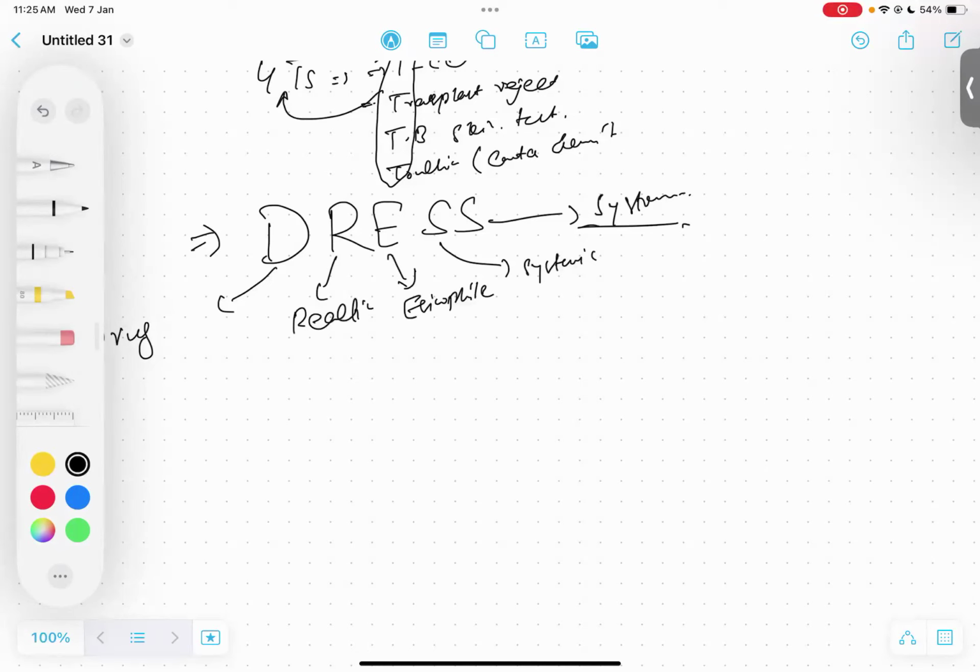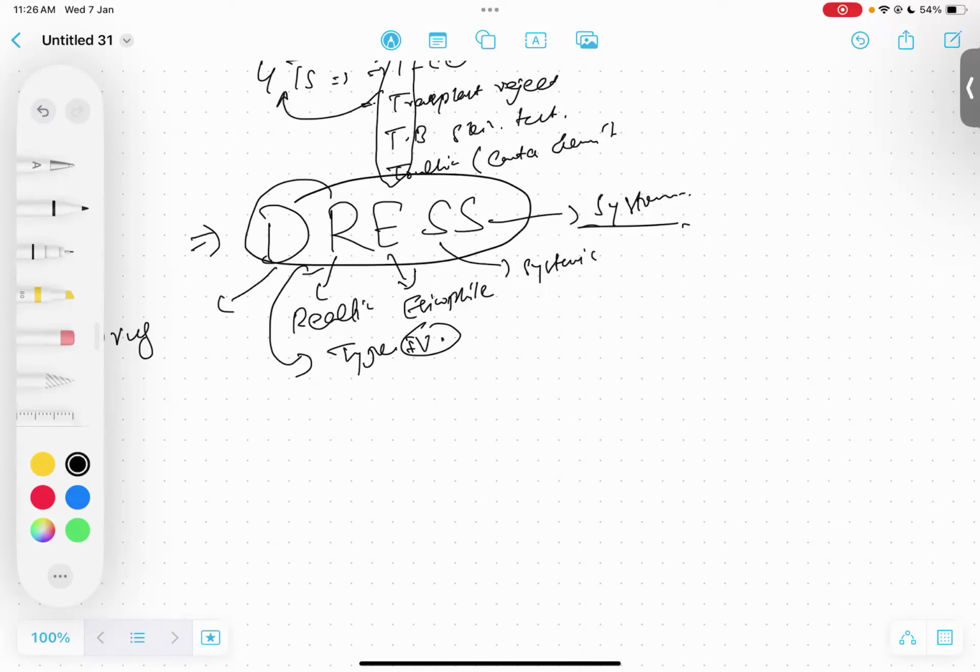So in DRESS, the patient usually presents with skin rash, eosinophilia, and internal organ involvement. It is also a type 4 hypersensitivity because it is mediated by T cells.